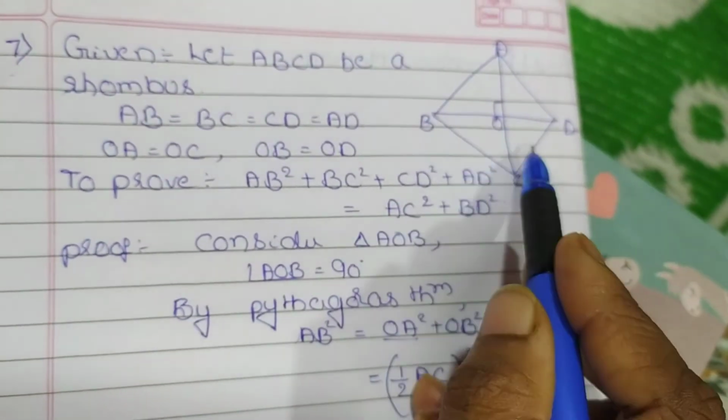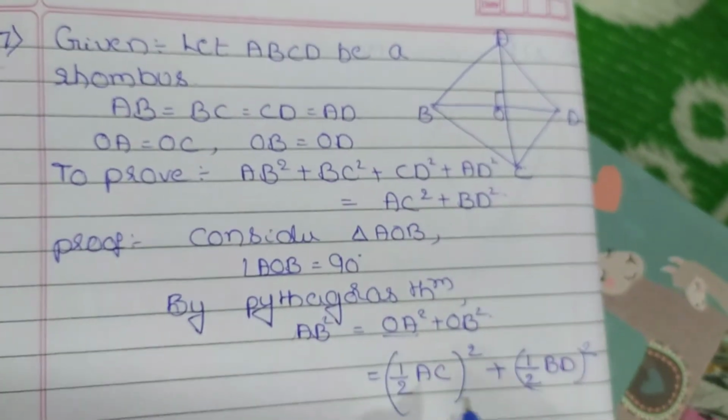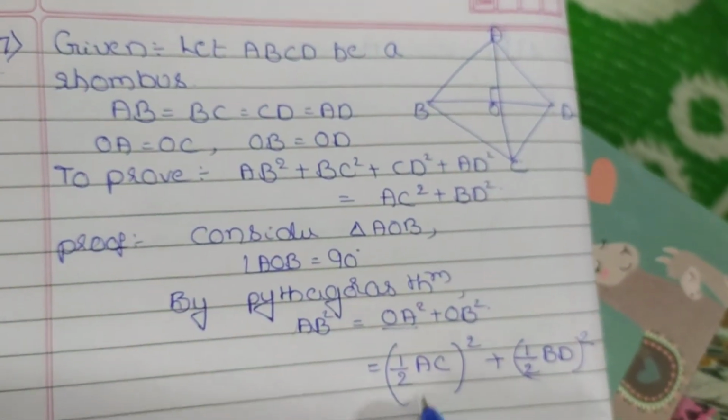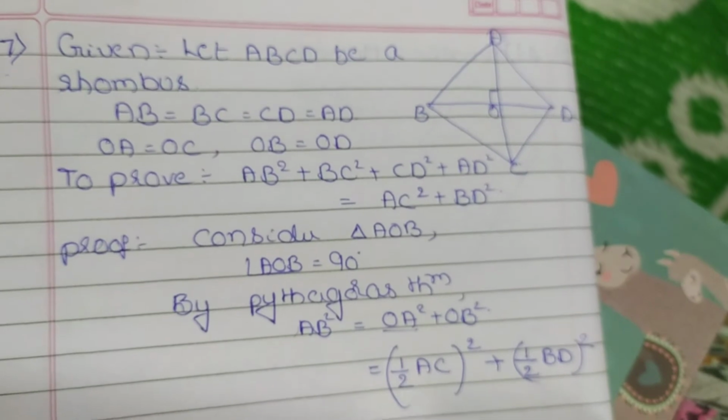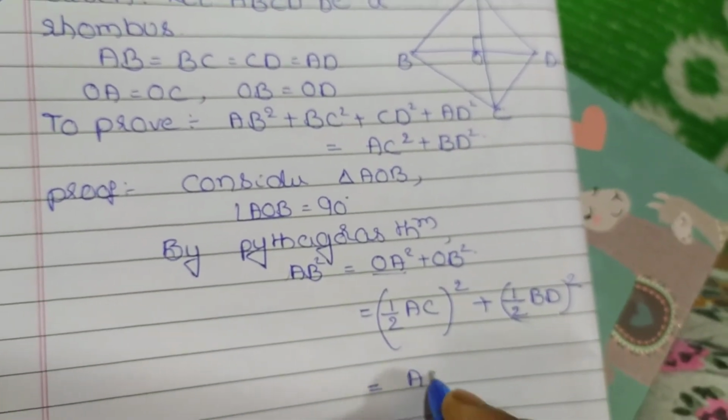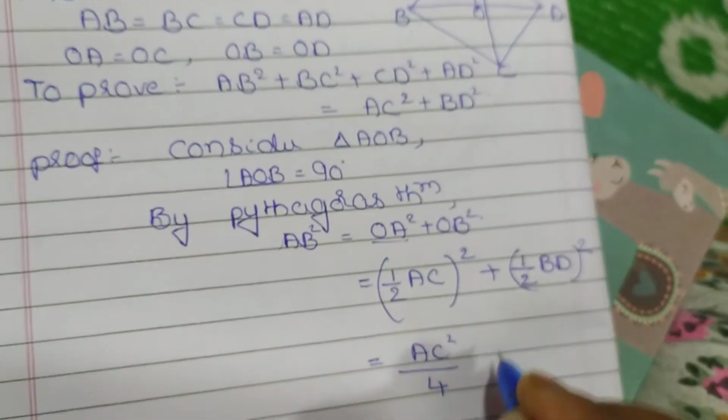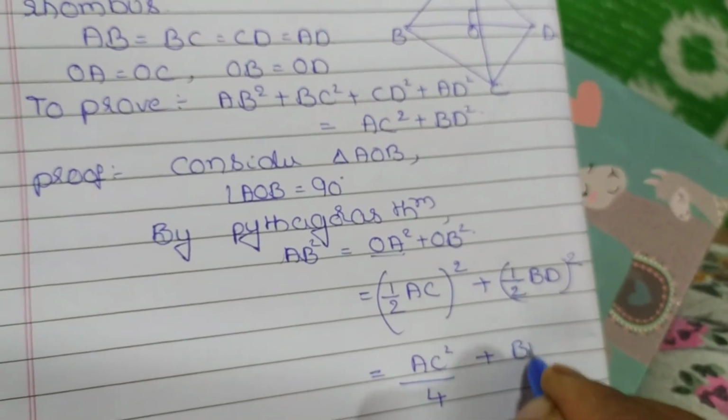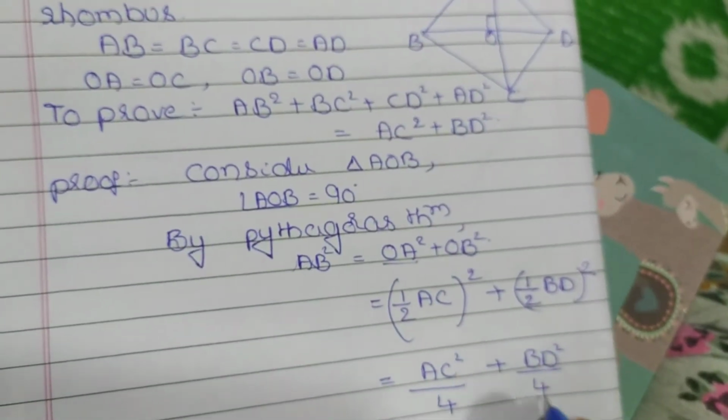The whole length divided by 2 gives OB. Now if I square it, what am I going to get? 1 square is 1 itself, AC square by 2 square is 4, plus BD square by 2 square is 4.